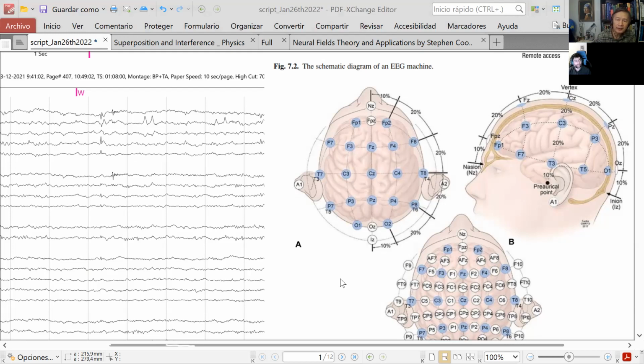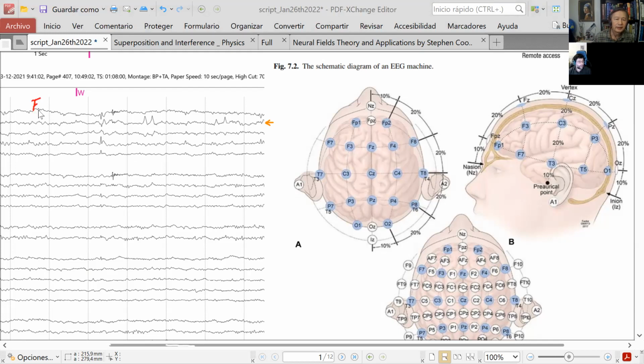Which pair of electrodes, for example, to detect this particular signal, where should the electrodes be positioned? At the left are the electrode names, and we use this chain.